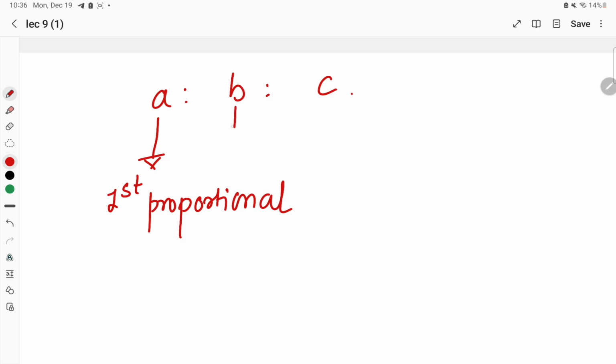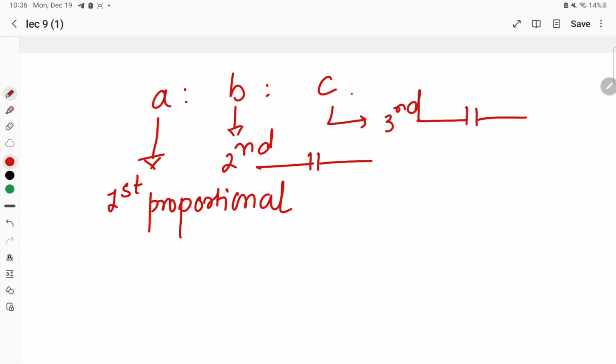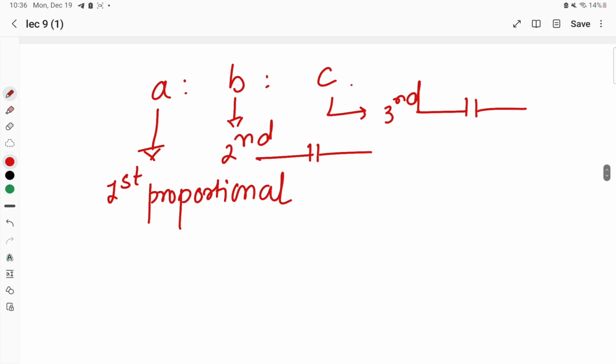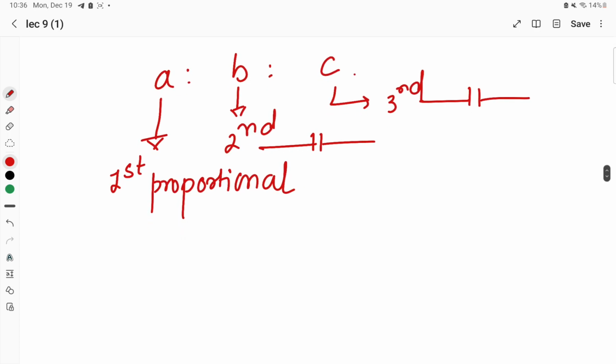The second value, second proportional. Third value, third proportional. If fourth, then fourth proportional. In this way. I just wanted to introduce you to the term proportional. Okay, A is to B is to C. First proportional, this is the second proportional, and this is the third proportional.